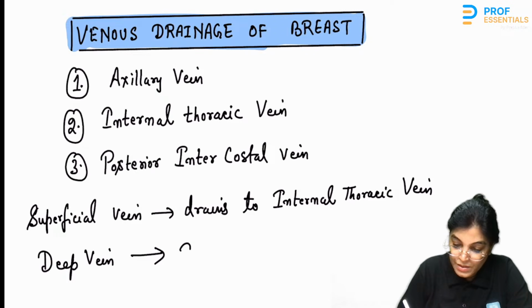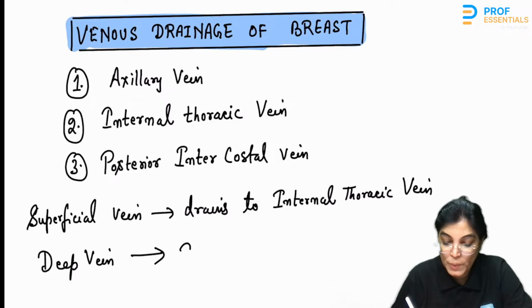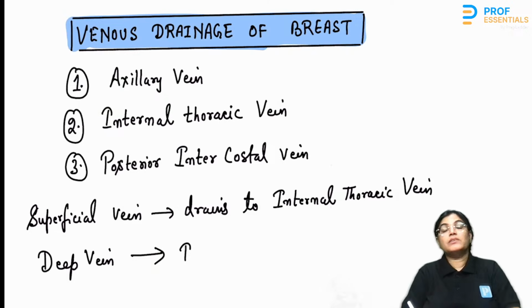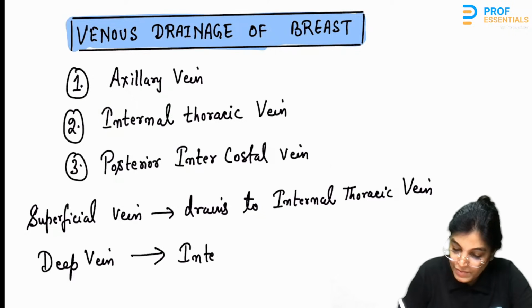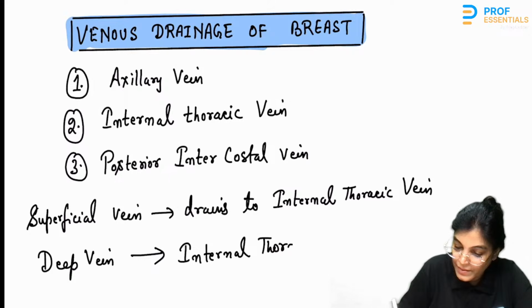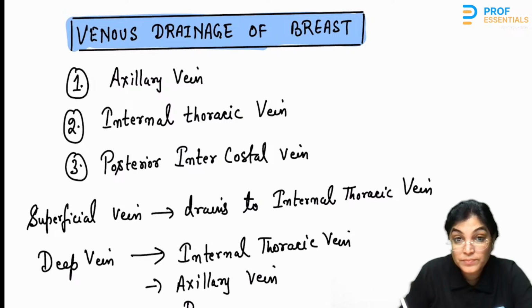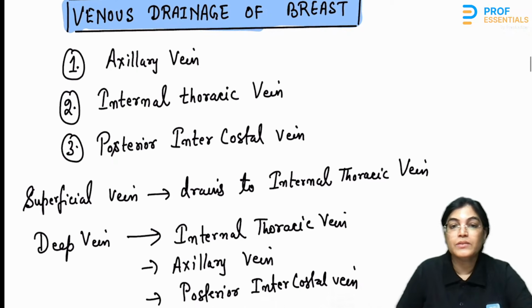The deep veins will also form a network. They will drain into the axillary and posterior intercostal veins, and a few will also go to the internal thoracic vein via the superficial and deep veins. Okay, so these are all the drainage.